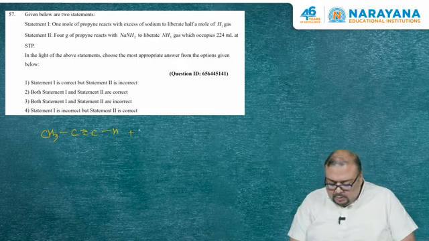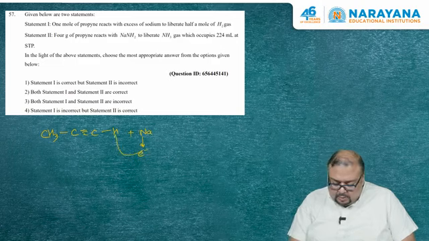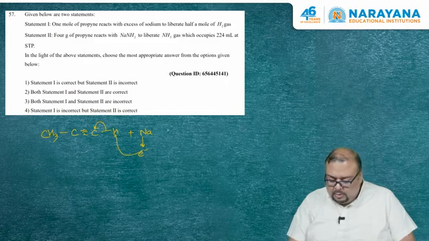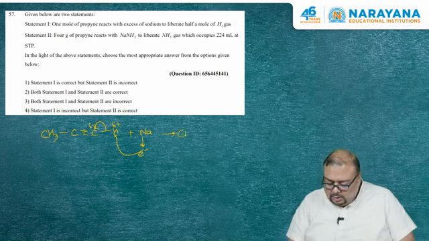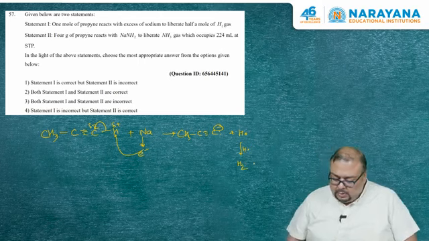When it reacts with sodium, sodium will give electrons and the electrons will get absorbed by the acidic hydrogen because there is a delta plus and delta minus here. You'll be getting CH3 C triple bond C minus plus H dot, which will combine with another H dot to give H2 gas.